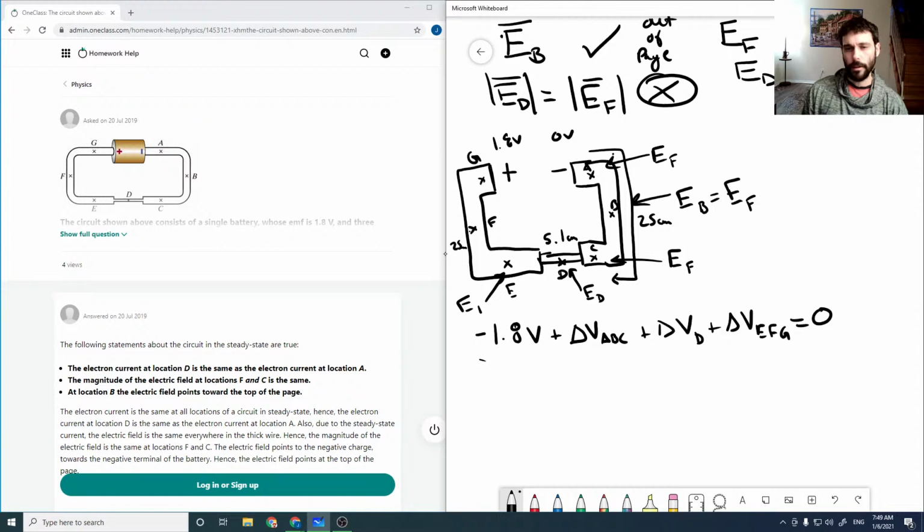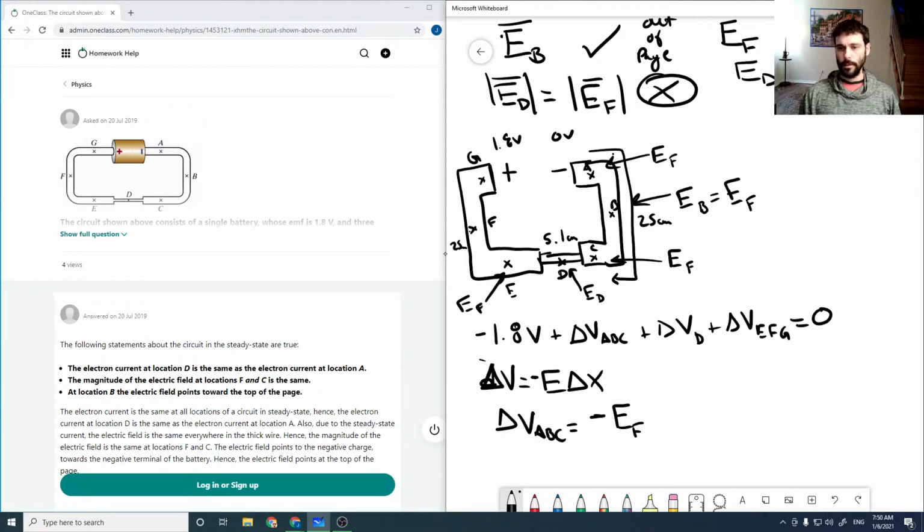We've identified that all of these have the same electric field. Then we can use the fact that delta V is equal to minus E delta X. And so then we just need to identify the appropriate delta X. Well, our delta X is the length of the wire. So our delta V ABC is just equal to minus EF times our 25 centimeters.